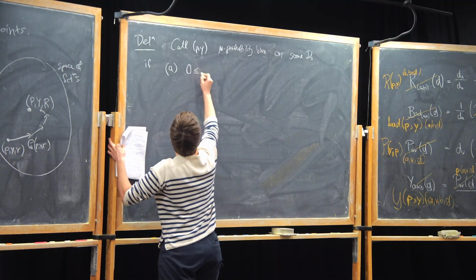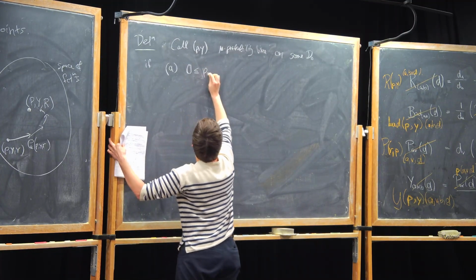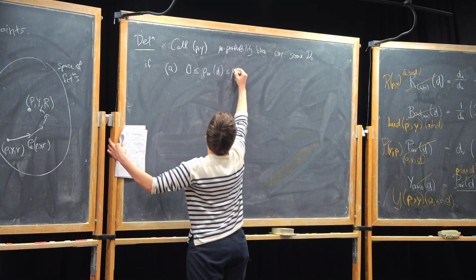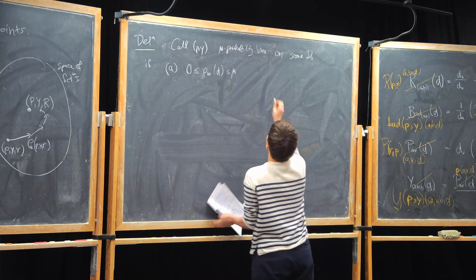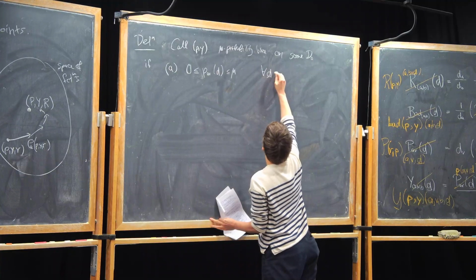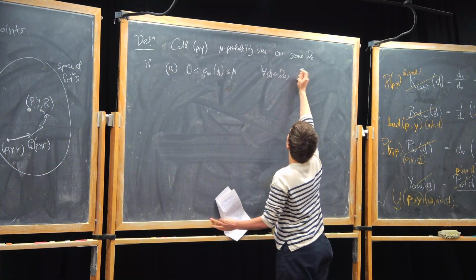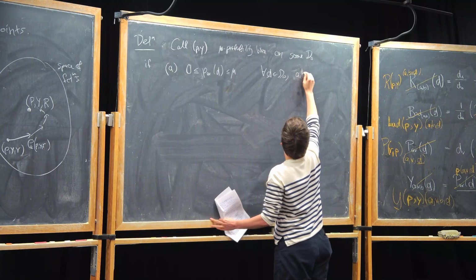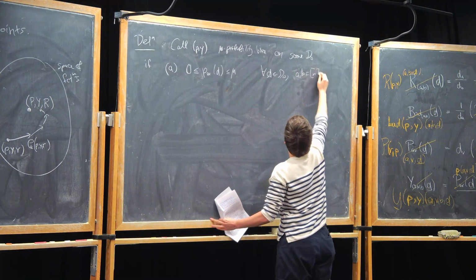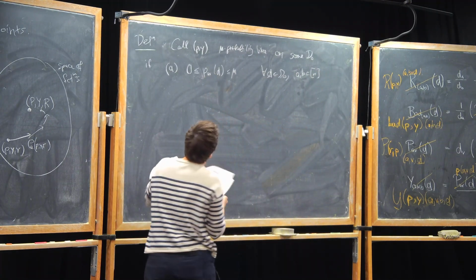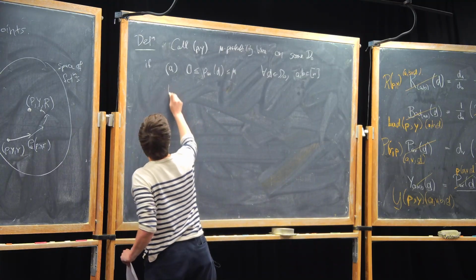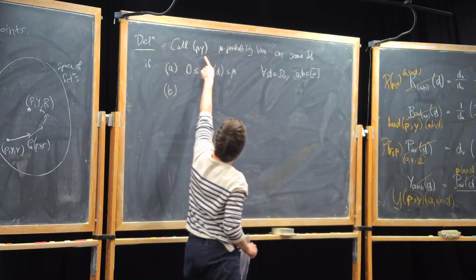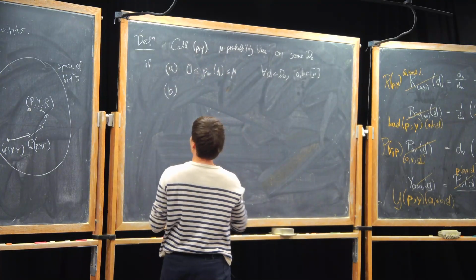So it's at least 0, P_AB of D, and that is at most mu for all D in D0, A, B, and N. Okay, so it looks like a probability upper bounded by some mu. Second, I would like to relate this Y to P somehow.